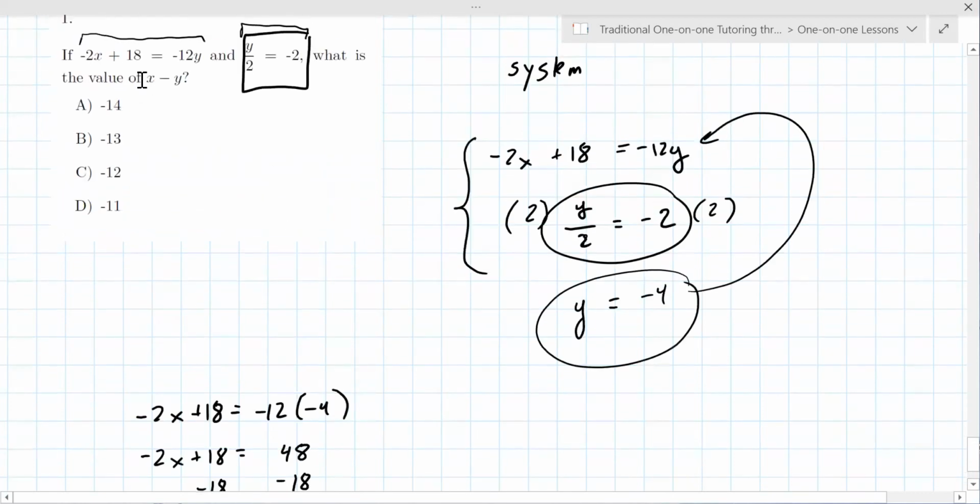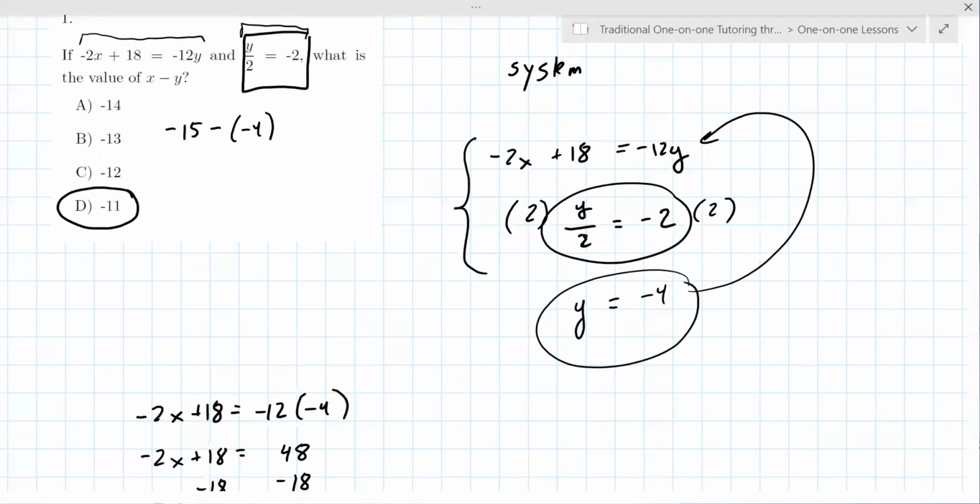And so with standardized test questions, you have to say, okay, I've got to do more than just solve it with the skills that I have. So x is -15, y is -4. So the correct answer is D, -11.